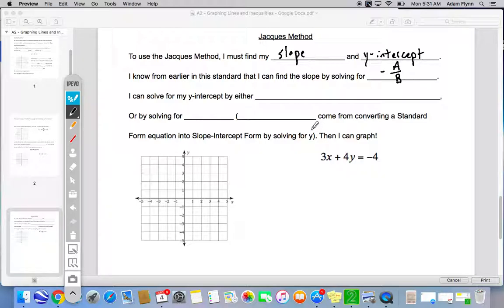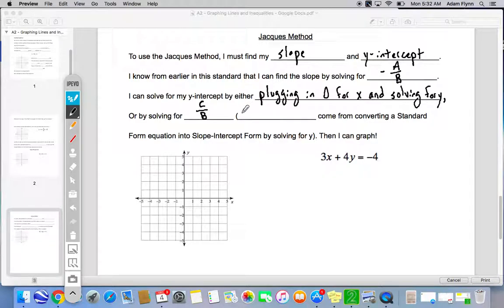Okay? I can solve for my y-intercept by either plugging in 0 for x and solving for y, or by solving for c over b.